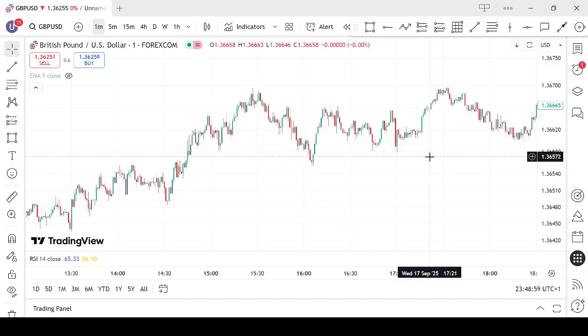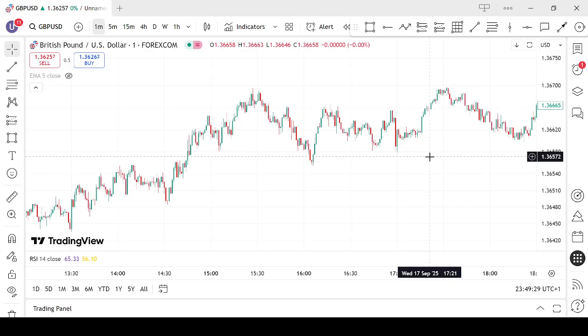Now, the key to scalping is using tools that help identify when these small price movements are likely to occur. You use common indicators, which might include the moving average, which will help you to see the trend direction quickly. You can also make use of the Bollinger Band to spot when price might bounce, and you can also make use of the relative strength index (RSI), which shows if the market is overbought or oversold.